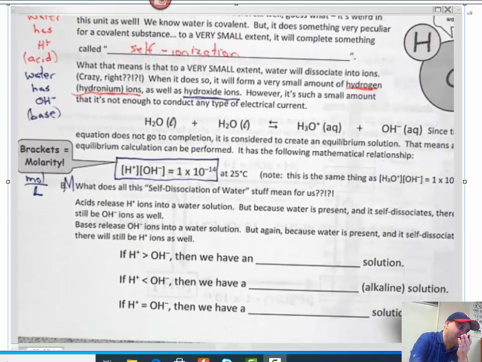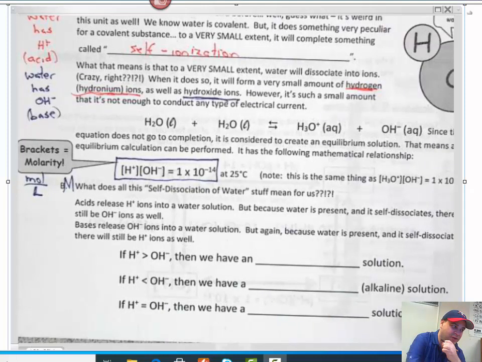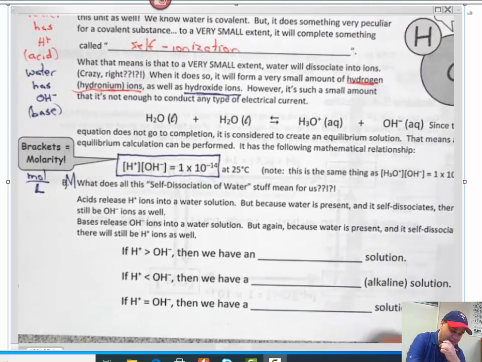So what does this all mean for us? Acids release a lot of H plus in water solution, but since water is present, there's also OH minus in acids. Bases have OH minus in water solutions as well, but again, there's a small amount of H plus in it. So basically every amount of acids and bases, they all have H pluses and OH minuses in them.